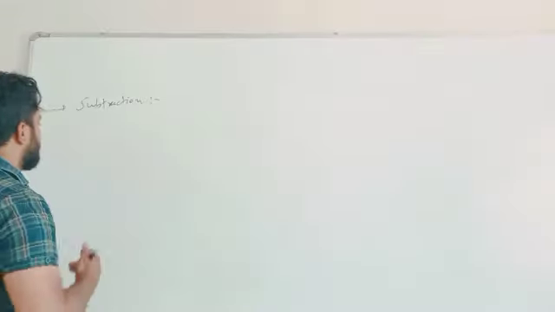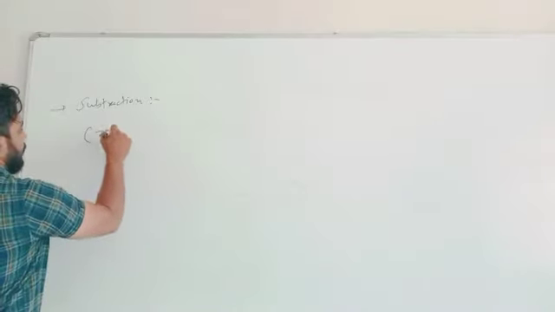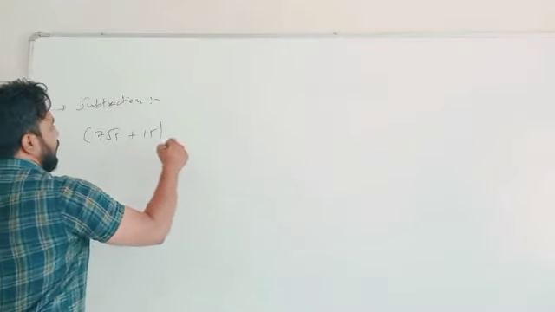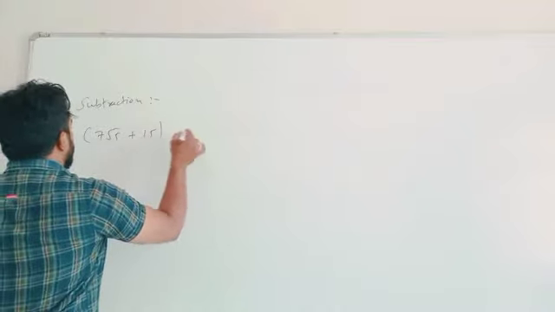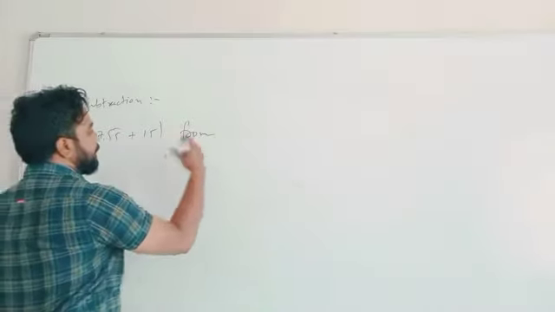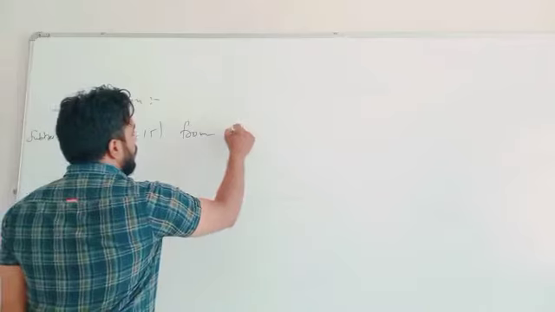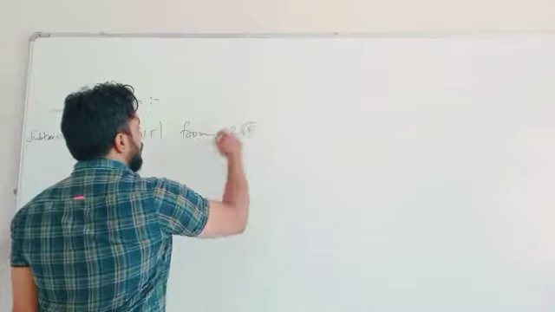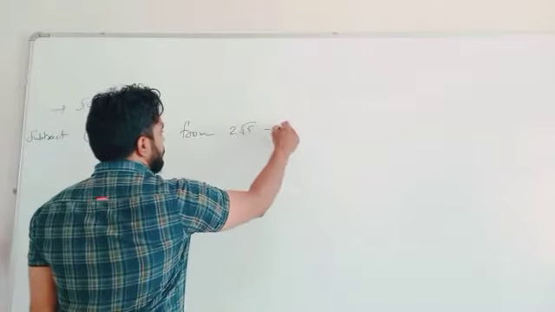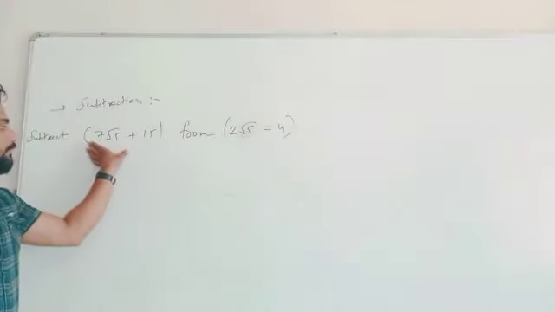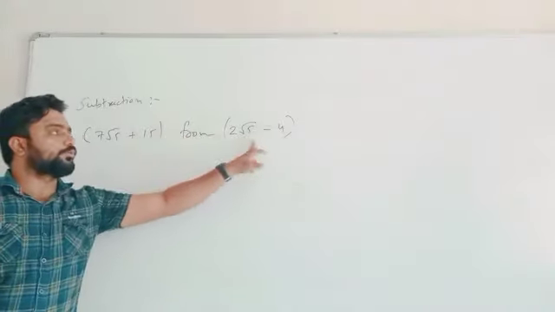Okay, I will take the example: subtract 7 root 5 plus 15 from 2 root 5 minus 4.